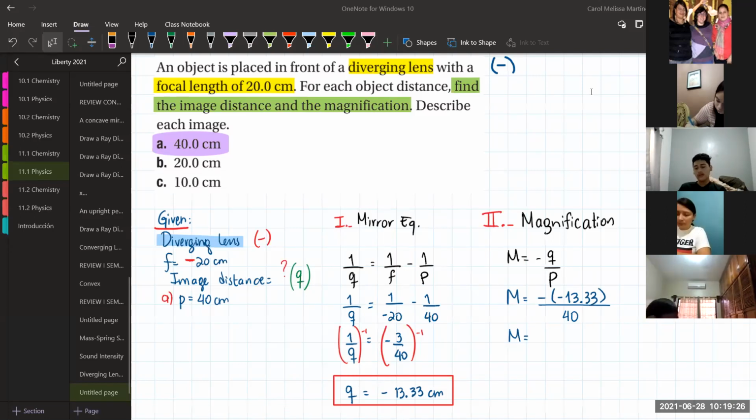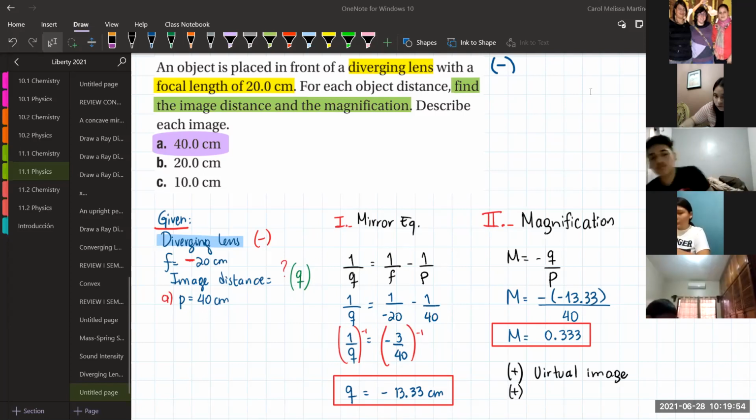0.333 would be enough. Okay? So what can we say about the magnification? How is the image that is going to be formed? Virtual or real? Virtual. Virtual image. Upright or inverted? Upright or upside down?